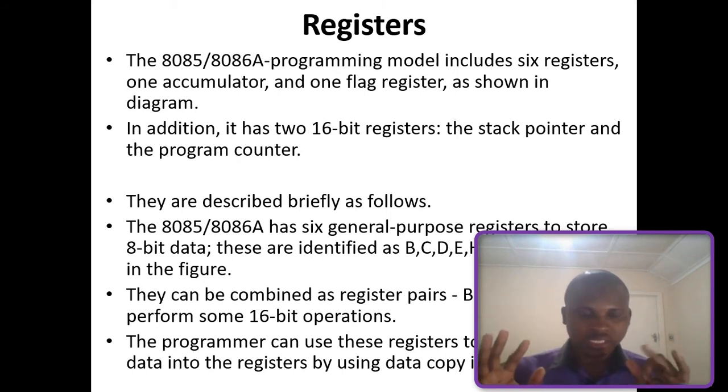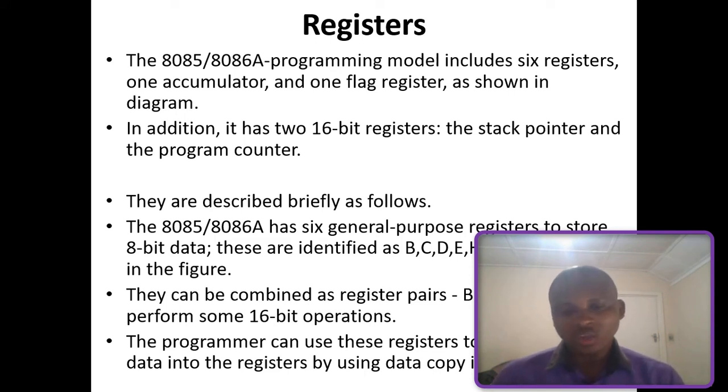These are identified as B, C, D, E, H, and L. These are general purpose registers, and we can also combine them to perform 16-bit operations. If we need to store a 16-bit data, we join them, and the combinations will be BC, DE, and HL, for a 16-bit operation.